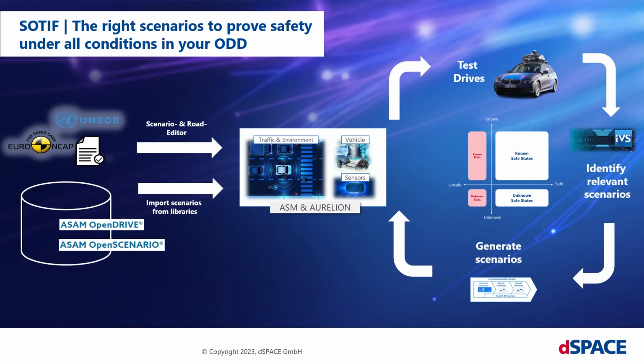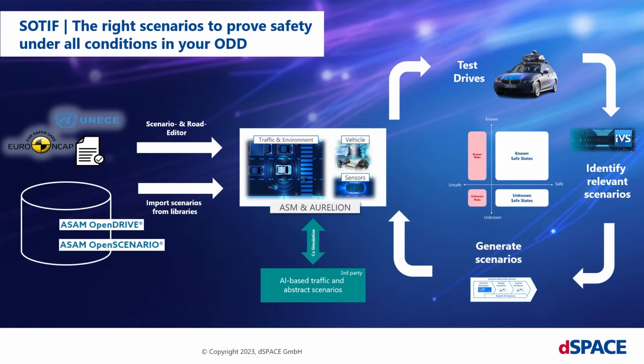If you continuously run this process and complement your scenario library based on test drives, you can continuously reduce the unknown risks and therefore build up a solid safety argumentation for homologation. For traffic simulation in verification and validation, there are also other approaches possible, which are not based on logical scenarios.